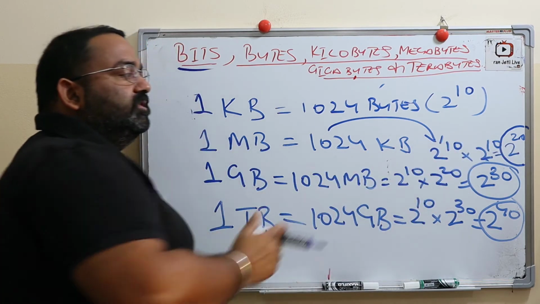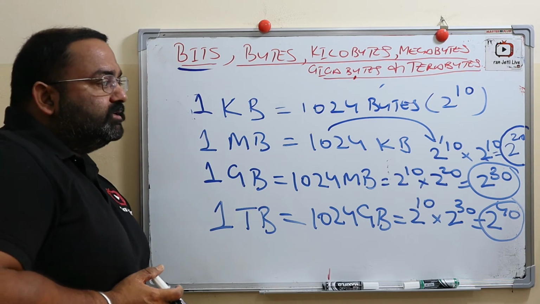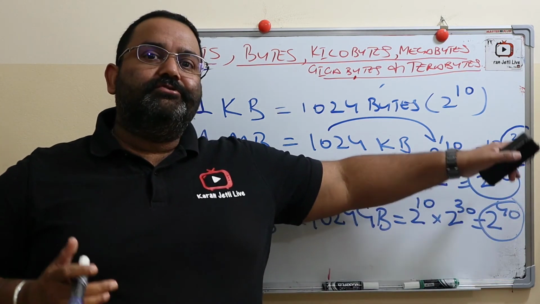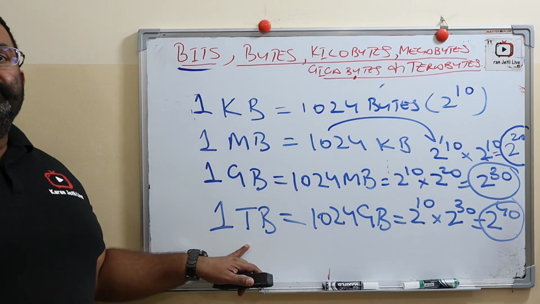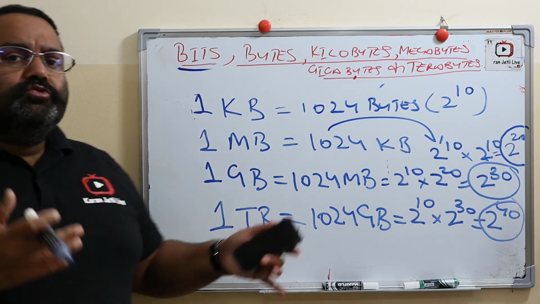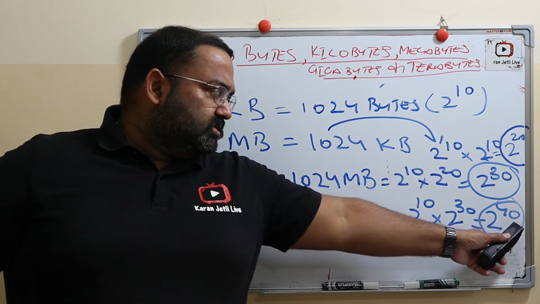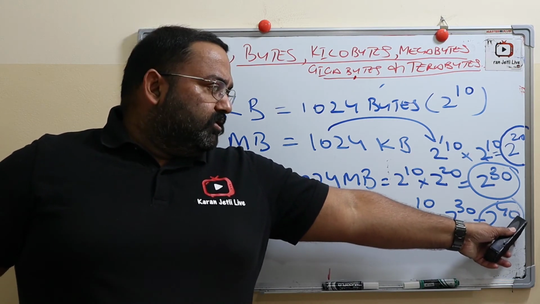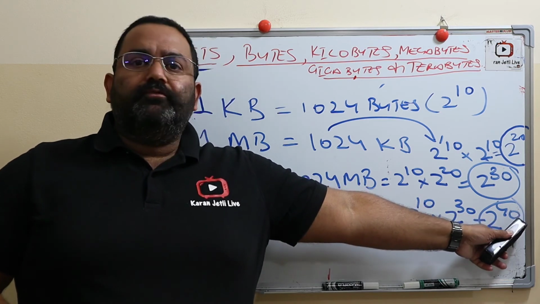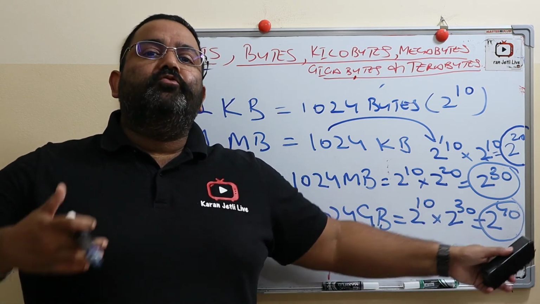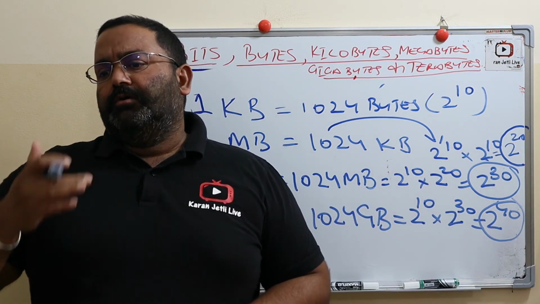MB is 2 power 20. So 2 power 10 into 2 power 20 gives you 2 power 30. And so on, we calculated the terabyte. As you keep on going further, this power of 2 will be incremented by 10. So 2 power 40, 2 power 50, 2 power 60, and you can keep on going.